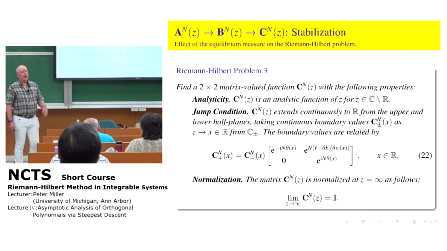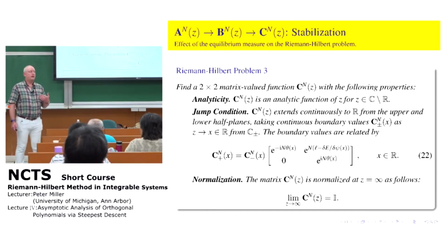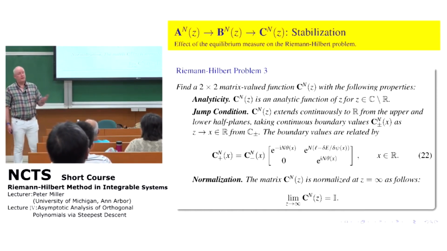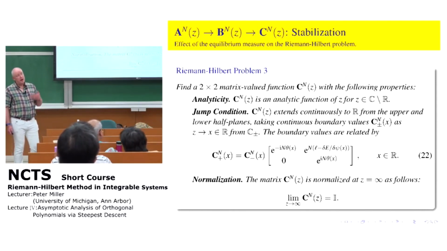Let me say a couple things. Understanding orthogonal polynomials is a central problem in approximation theory. And people who work in approximation theory know about the equilibrium measure. They've known about it since before the time of Szegő. It's a very familiar concept for them. They knew how to use the equilibrium measure before the Riemann-Hilbert problem appeared on the scene, which was only around 1998 or so for this problem.